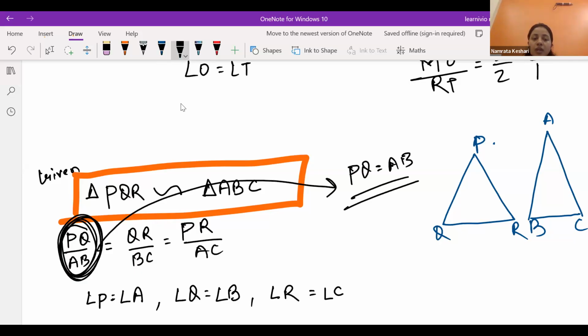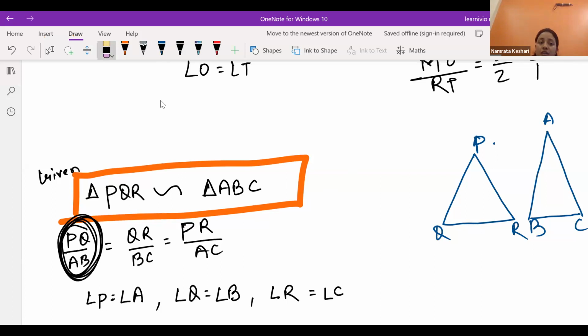Okay, it doesn't always happen like this. This will only be true when PQ by AB is 1. So when you are saying that the ratios are same, that means the ratio can be anything. The ratio over here can be 1/2, 1/2, 1/2. It doesn't mean that PQ and AB will be same, QR and BC will be same, PR and AC will be same.